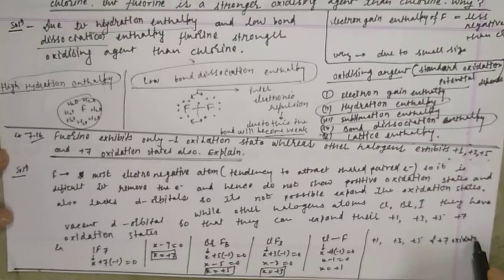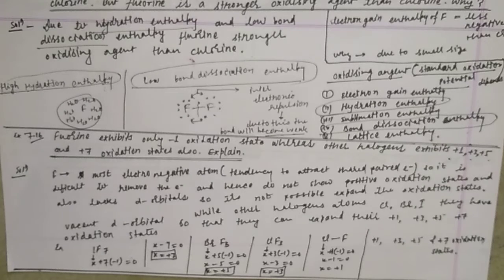I explained oxidation states with examples also. You will be able to understand why fluorine gives only a negative oxidation state: it is the most electronegative atom of all the known elements, so it will not expand to positive oxidation states. Why not +3, +5, +7?